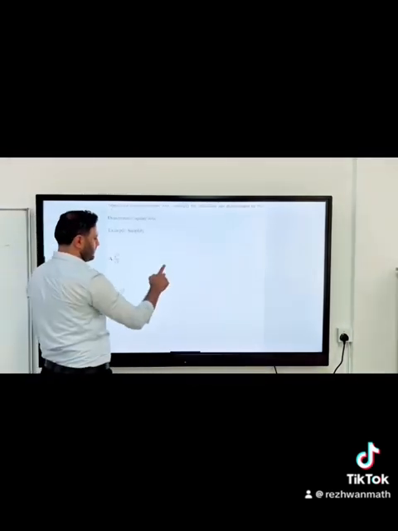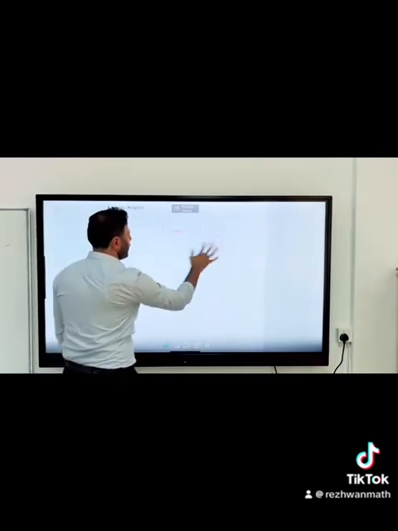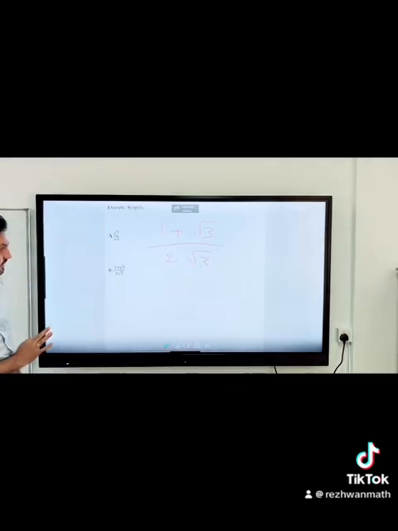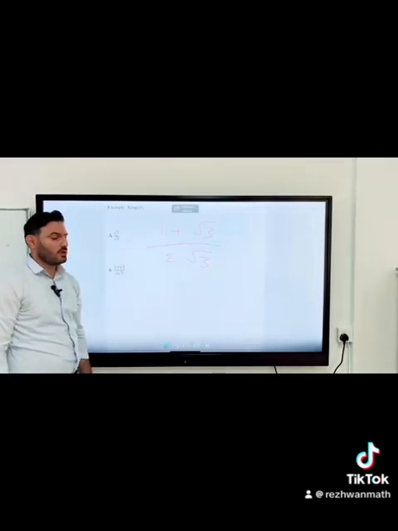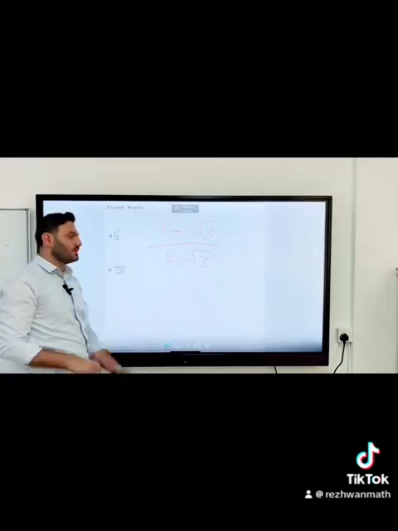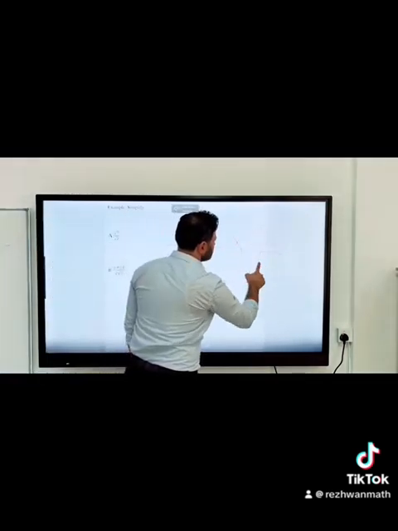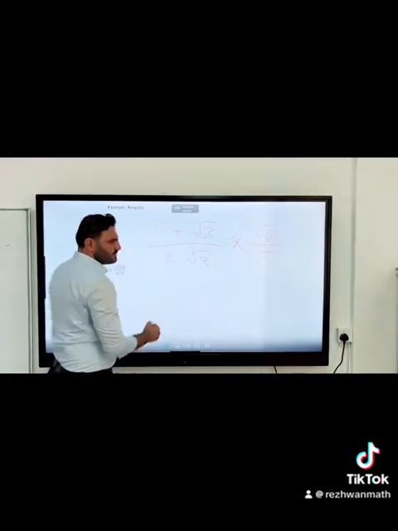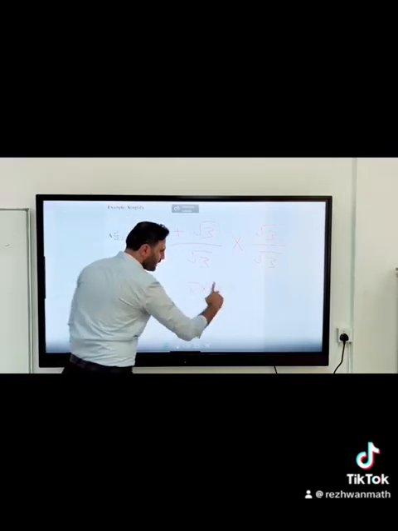We have 1 plus square root 3 over 2 square root 3. We can see we have a square root at the denominator. It's not allowed. We have to multiply numerator and denominator by square root of 3. So 2 times square root 3 times square root 3, we get 2 times 3.